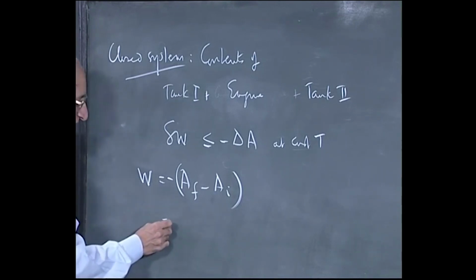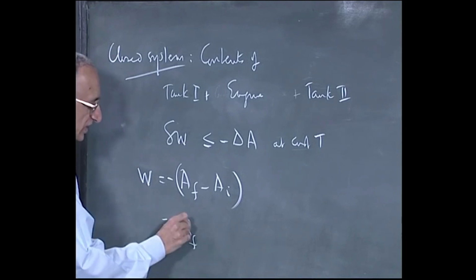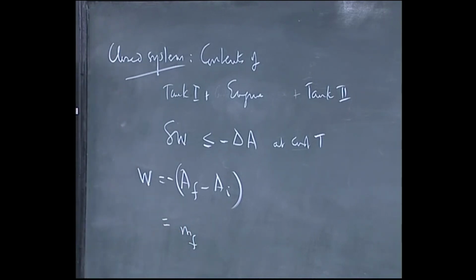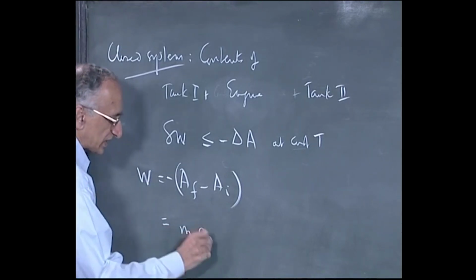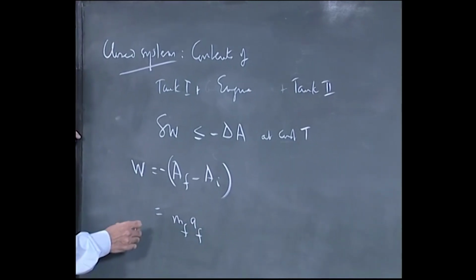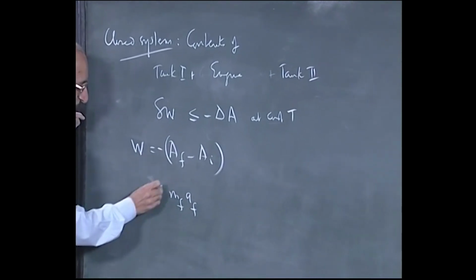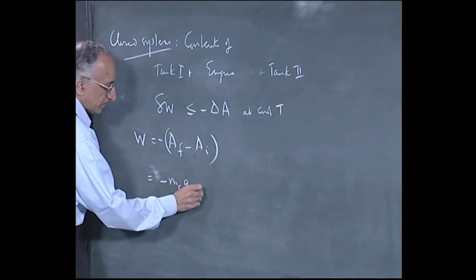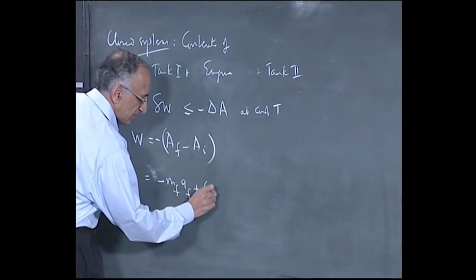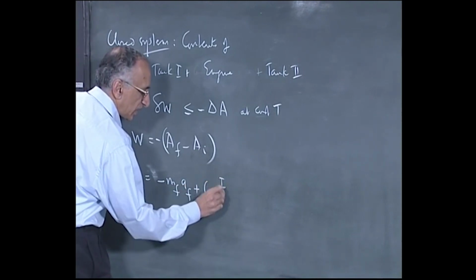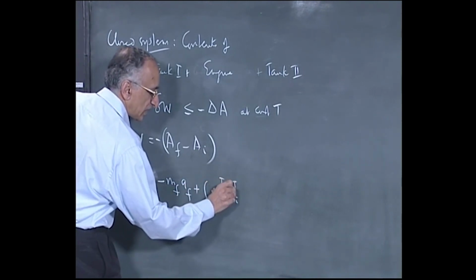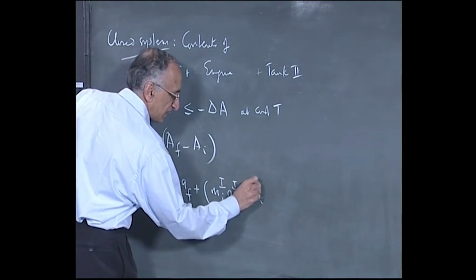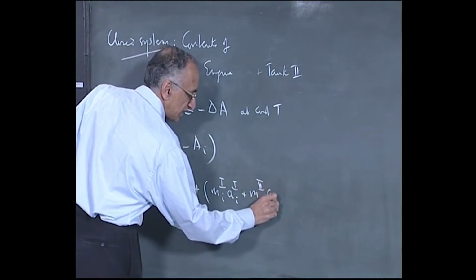This is also easy to write down. Remember, in the final state the pressure is the same in both, so I can take the total mass MF into AF. It is homogeneous. There should be a minus sign here because I take the minus inside, plus M initial in tank 1 times A initial in tank 1 plus M initial in tank 2 times A initial in tank 2.